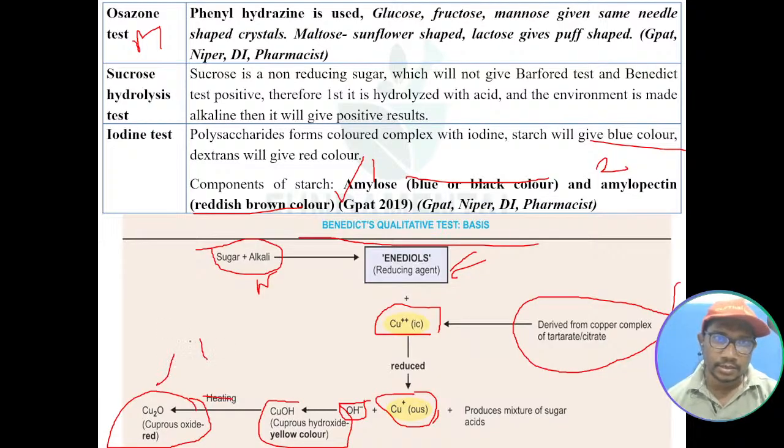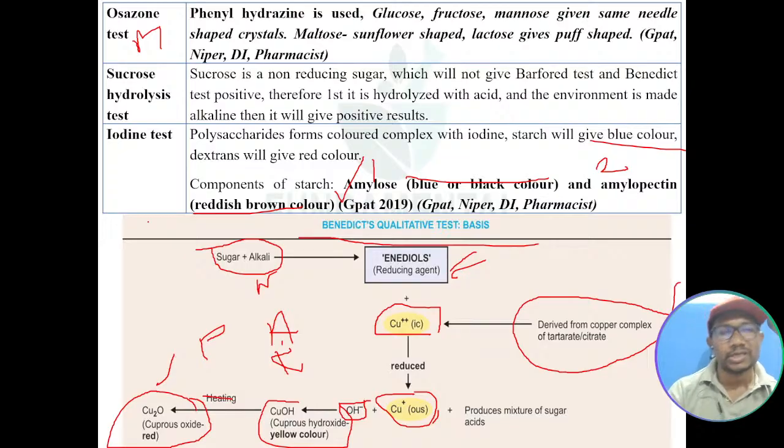What does a positive test indicate? If a sugar has a free aldehyde or ketone group, meaning not involved in the bond, then the Benedict test will be positive. What do you mean by reducing sugar?